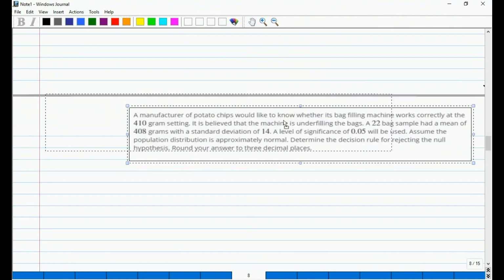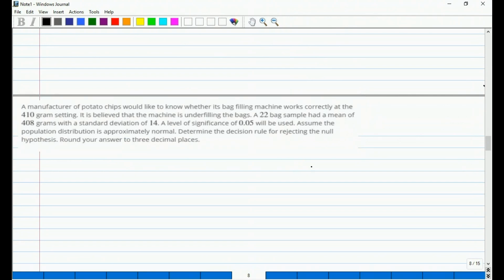So if we want the critical value, we need to know a couple of things. We need to know if it's left-tailed, right-tailed, or two-tailed. It says that they want to know if it correctly works at this setting, so that's a mean weight of 410. It's believed that it's underfilling the bags.